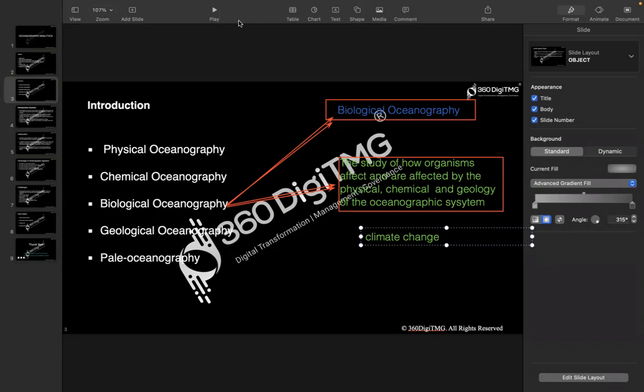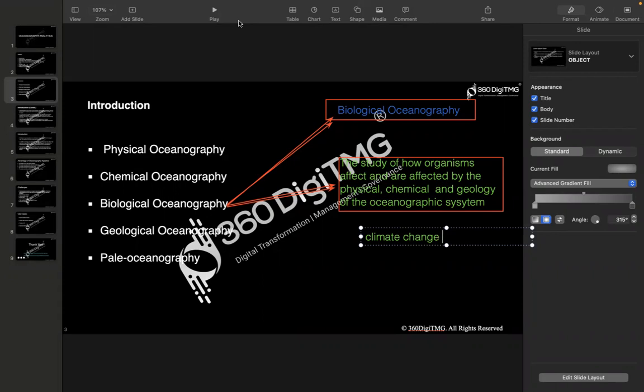A lot of biological oceanographer research studies the production of organic matter by ocean life and examines what factors affect their growth, and as a result the production rate of organic matter.